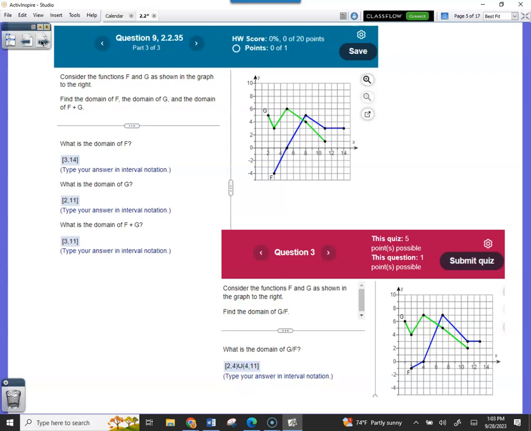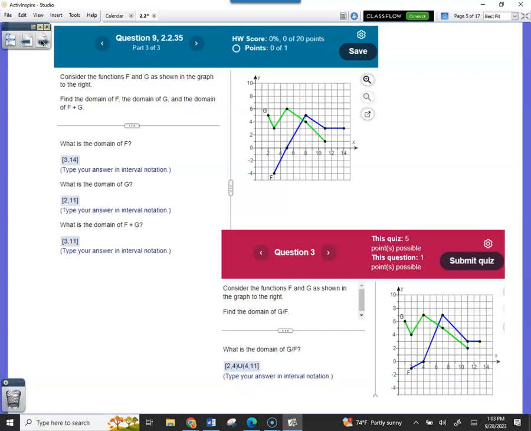That is a line, a line, a line, all pieced together, right? Those are piecewise functions. They're wanting to know, can you read the graph and state the domain of just f, which is blue, of just g, which is green? What if I added them together?